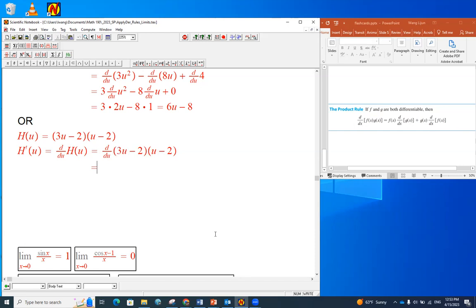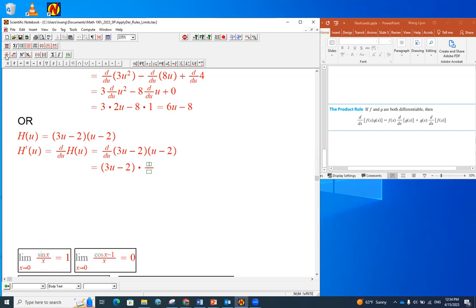So over here, you will have the derivative of the f of x, right? So you consider this is f and this is g, right? So f, we keep the f, and we differentiate with respect to g, which is u minus 2, right?